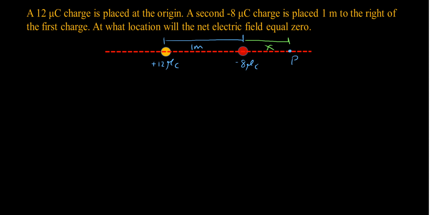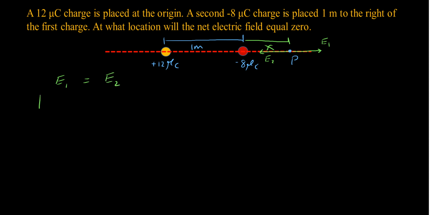The electric field E1 will be going this way, and the electric field generated by the second charge, the negative 8 microcoulomb, will be going this way. At this point P the total electric field will be 0, which means E1 is going to equal E2.